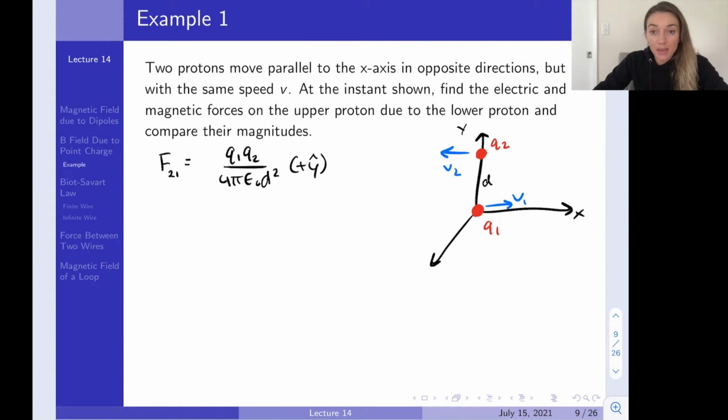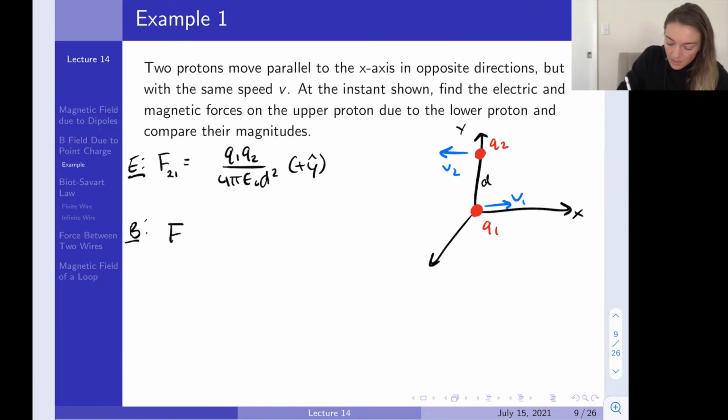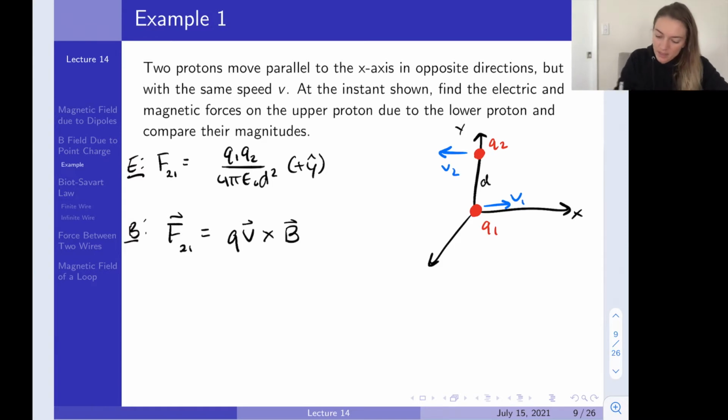Now let's look at the magnetic force that Q1 exerts on Q2. So this was the electric, and now we'll look at the magnetic. We're going to need the Lorentz force law, QV cross B. This is important because which V and which B do we use here?